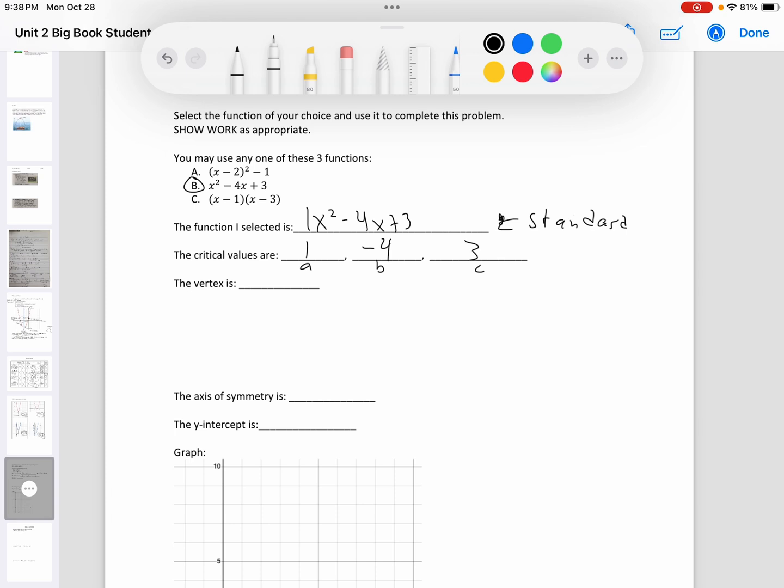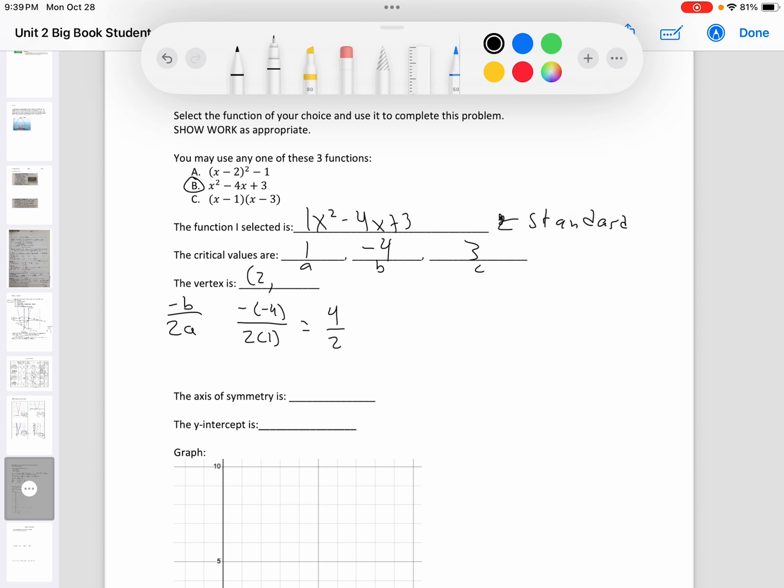To find the vertex for standard form, we're going to take negative b divided by 2a for the x value. So in this case, it's going to be negative negative 4 divided by 2 times 1. Negative negative 4 gives me a positive 4, and 2 times 1 is 2. So that gives me 4 divided by 2, which is 2, for the x value of the vertex.